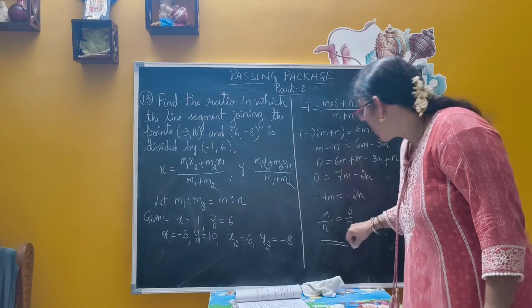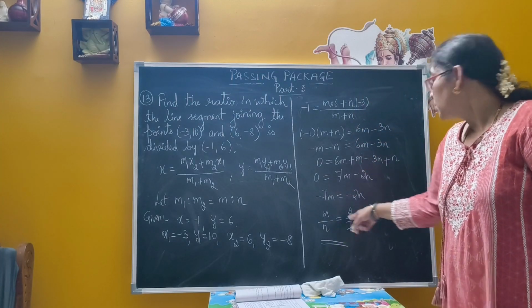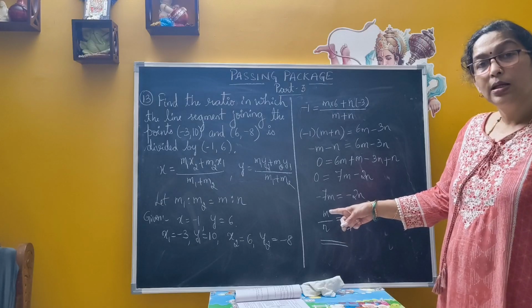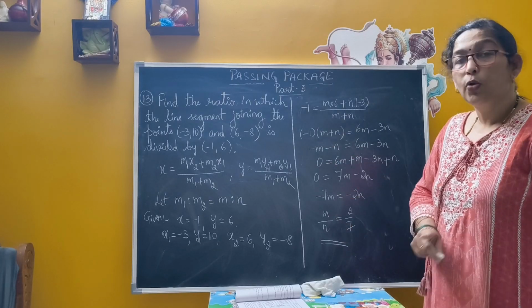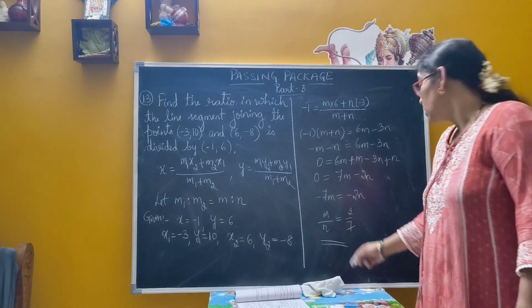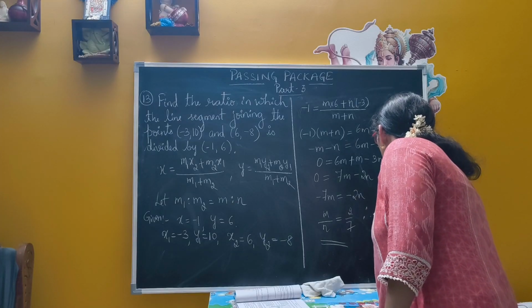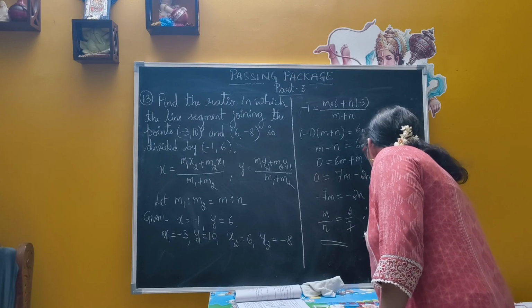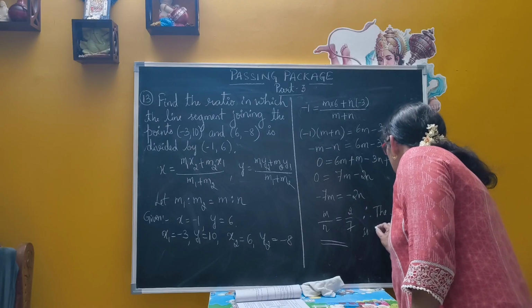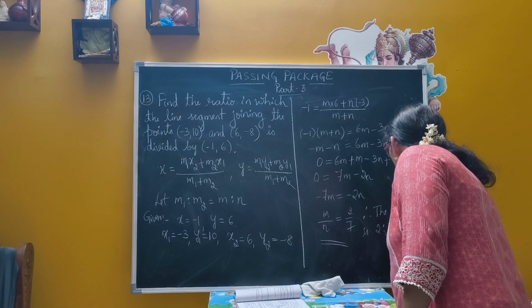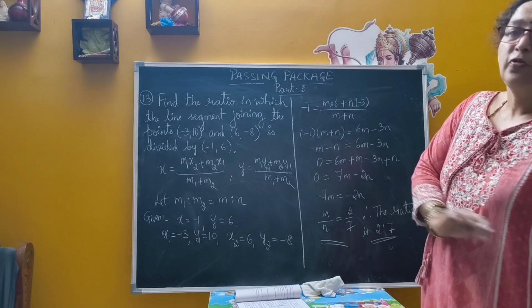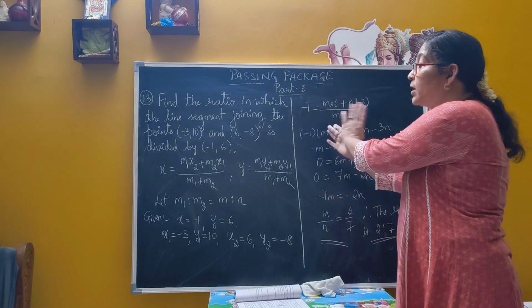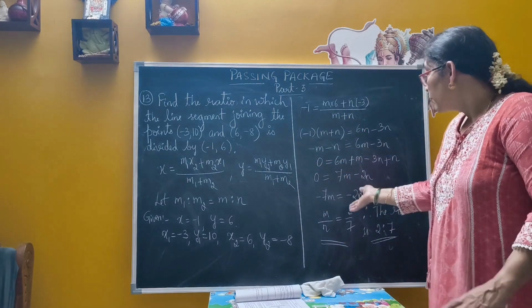We got the ratio. So m is to n, or m1 is to m2, is 2 is to 7. Therefore, the ratio is 2 is to 7. You need not go further; by taking x or y you can find the value.